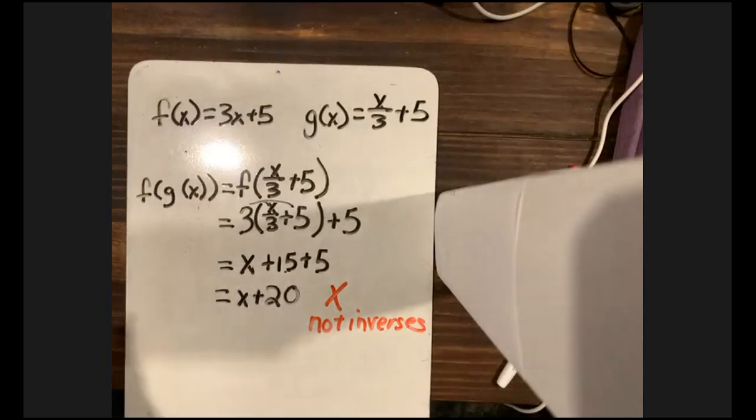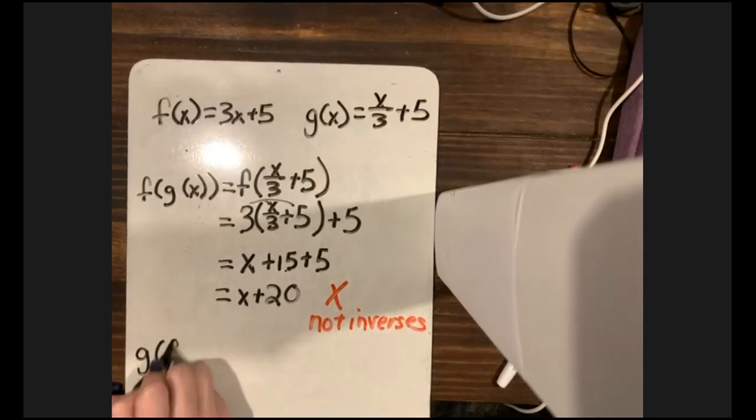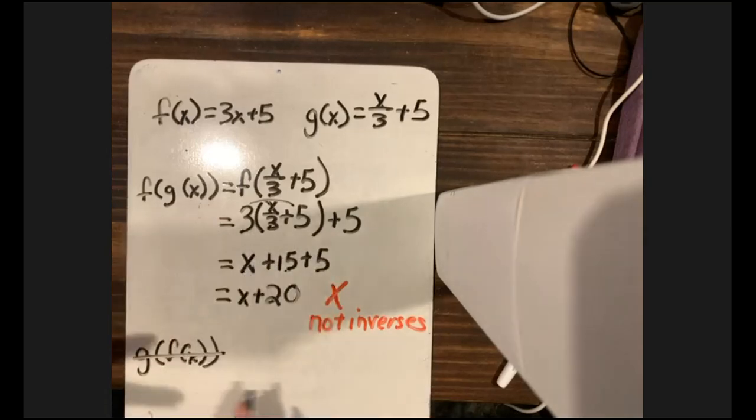This is one of those, they are not inverses. I don't have to do g of f of x. This is what I'm talking about where we are cutthroat in this. If they're not here, I don't even have to go to this. I don't have to do that because it didn't work here. I don't care whether it works there because it's an all or nothing type situation.